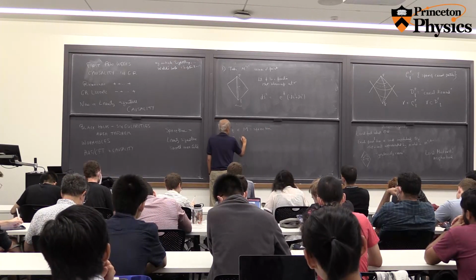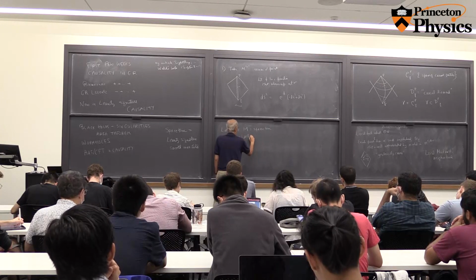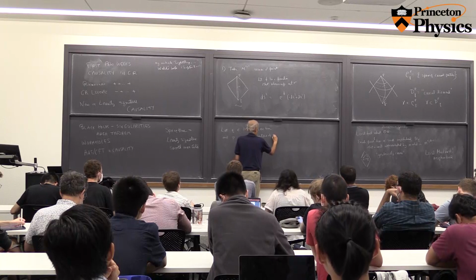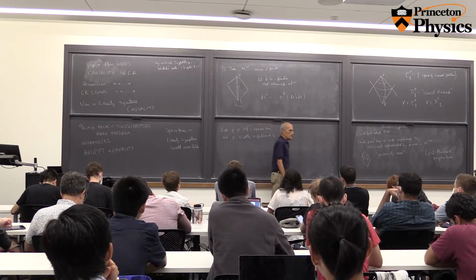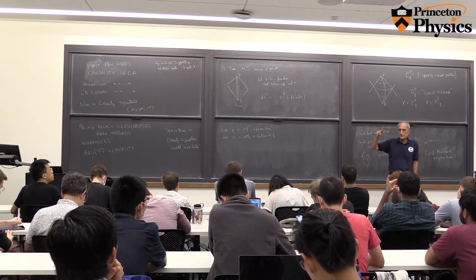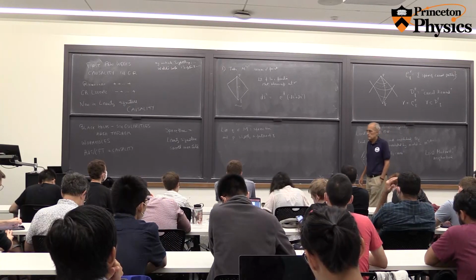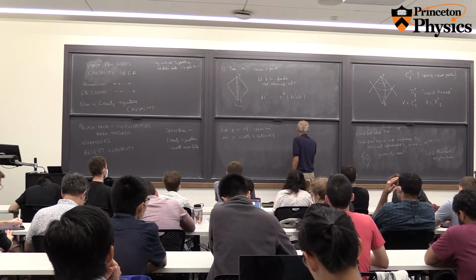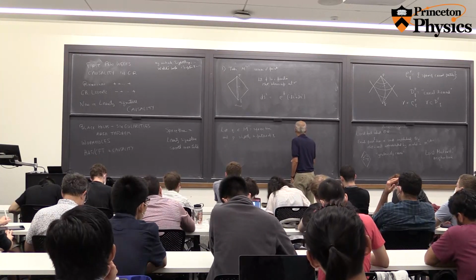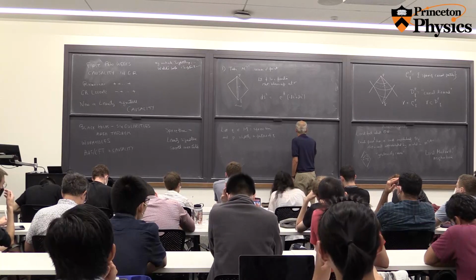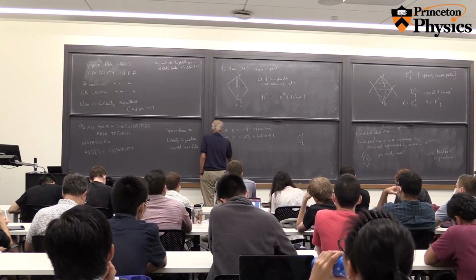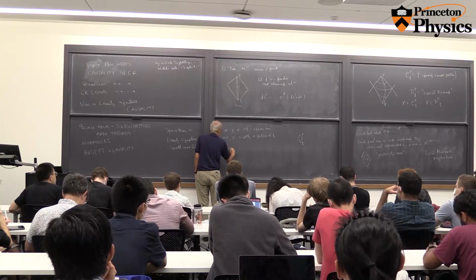And P slightly to the future of Q. You can take that to mean that there's a geodesic from Q to P that's time-like with small proper time elapsed. So here's a question. This is a kind of trick question.